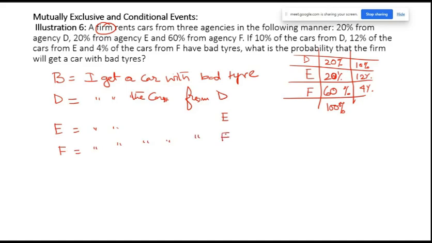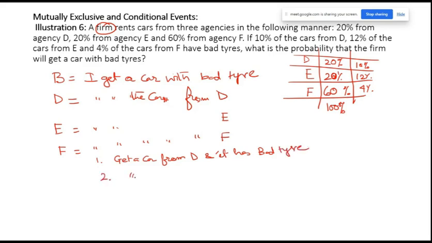Okay. So this is the situation. Now you see what the three possibilities are. Number one, I get a car from D and it has a bad tire.